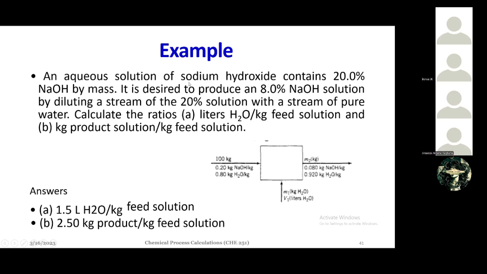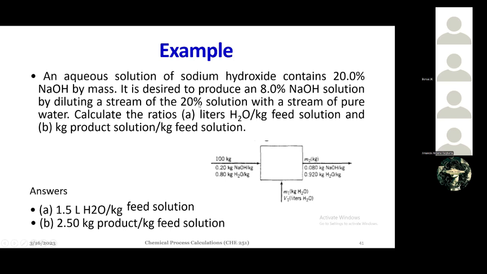Now, because it is aqueous, the moment they give you the amount of sodium hydroxide present, the remaining becomes water. If it contains 20% sodium hydroxide, then the 80% is water.